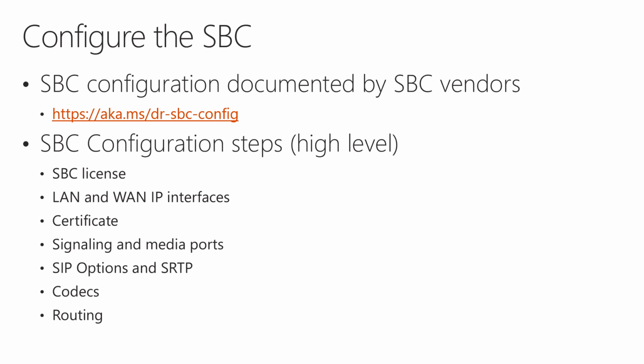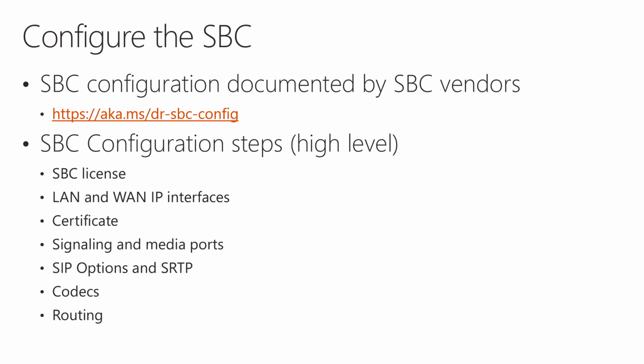At a high level, the configuration of the SBC will include items such as configuration of the SBC license, configuration of the LAN and WAN IP interfaces, configuration of the certificate used on the device itself, the configuration of the ports used for both signaling and media, the configuration of the SIP options, as well as secure RTP, which is encrypted media, the codecs that will be used both between the session border controller and Teams, as well as between the session border controller and whatever other telephony component you're interconnecting.